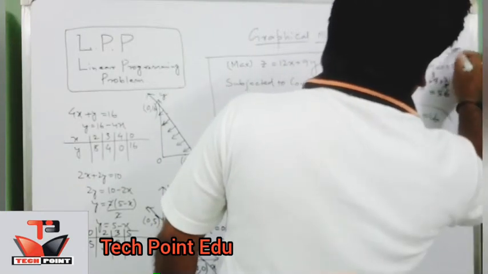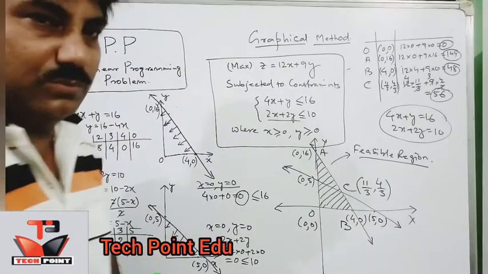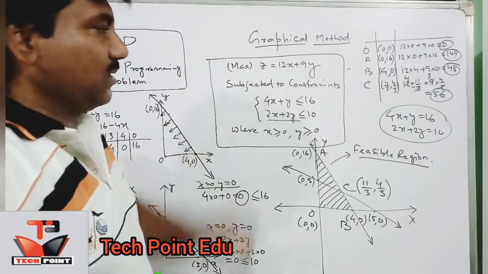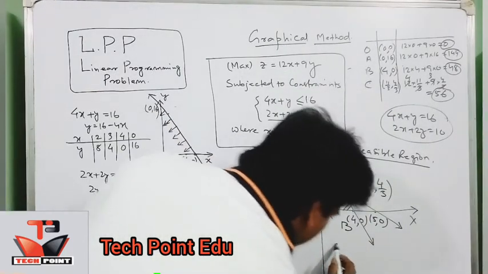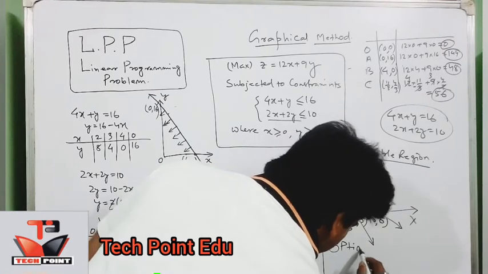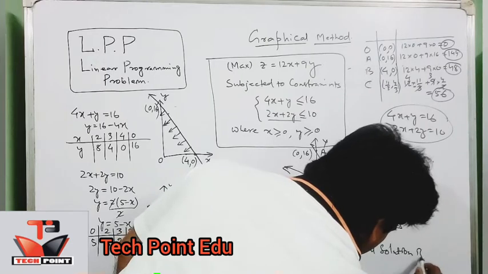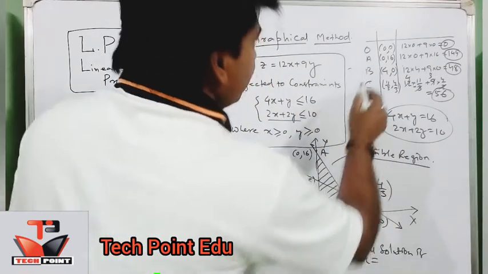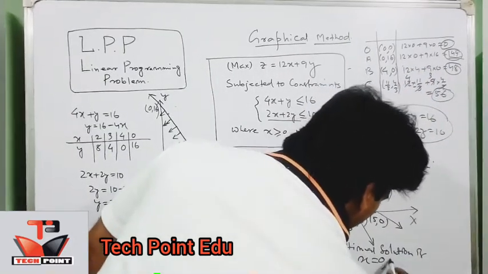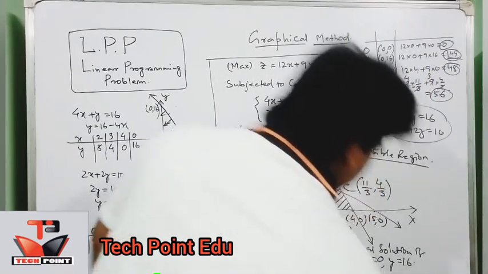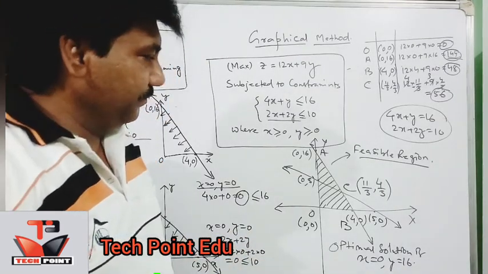Out of these, which one is the maximum value? Because the sum was max, the optimal is this one, that is x is equal to 0, y is equal to 16. That is the optimal solution of the problem.